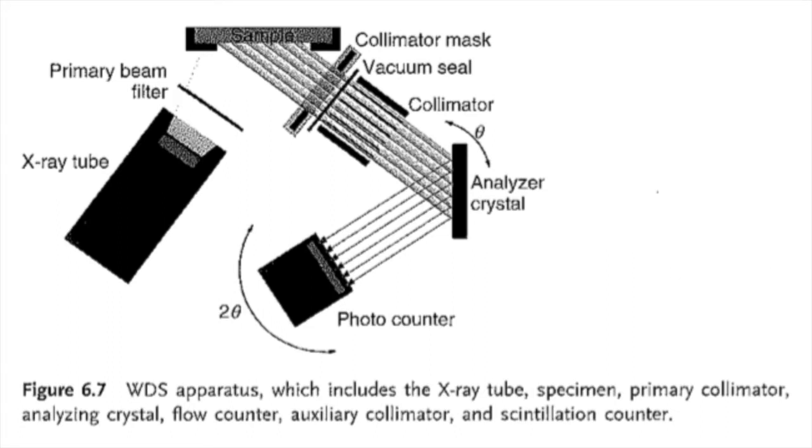WDS specifically. So this is a closer, more detailed view of a WDS instrument. And you see that we have several components that we just talked about, but in a little bit more detail. So the detector is the main thing that we want to go across. So we have the X-ray tube and the filter like we have in previous experiments.